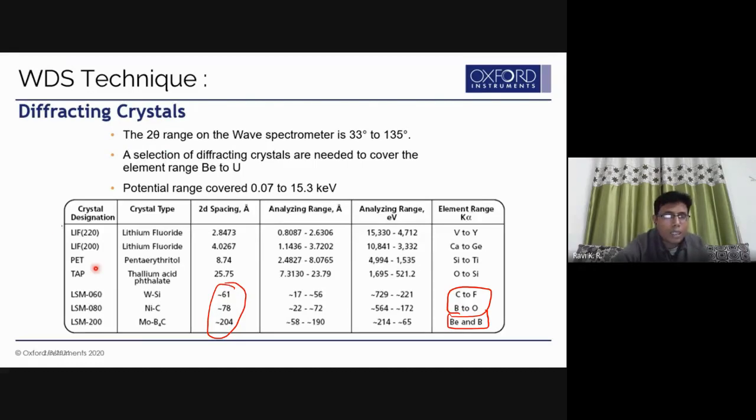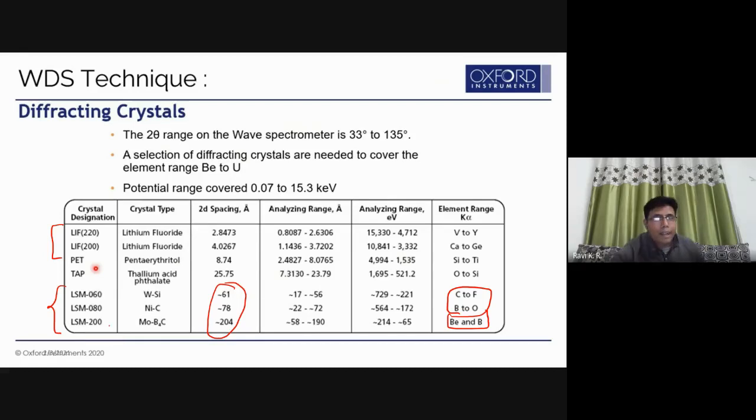These are naturally occurring. These are artificially created materials. Those crystals, because you have to make a single crystal, which means it has been grown in a certain direction. You cannot have a polycrystalline material for an analyzer.